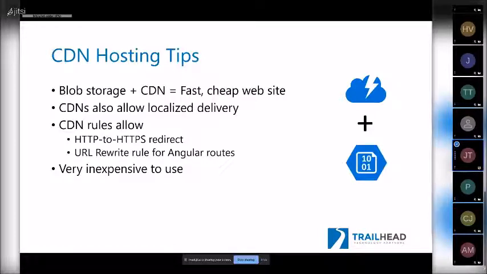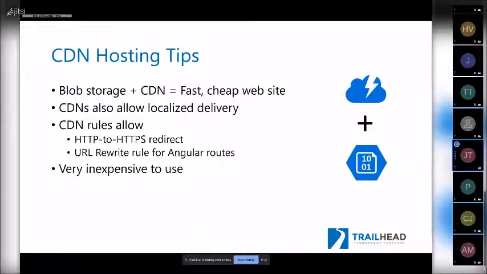On Angular and other SPA kinds of applications, you often want to have a rewrite rule on your web server that basically says any route beneath the root of the application actually gets rewritten to go right to the index.html page. That way, if somebody reloads the application when it's on a sub navigation, on the client-side navigation route, it'll actually still load the index page and then allow the Angular app to route to that route within itself.